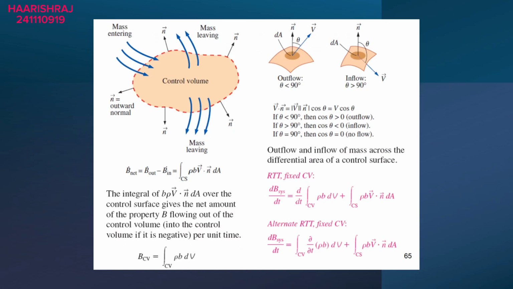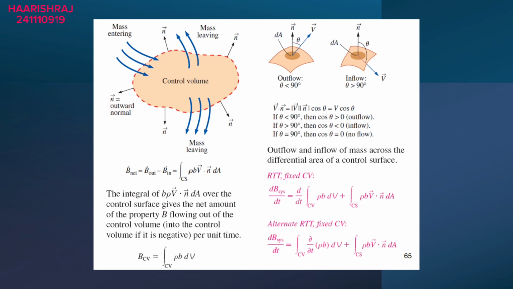The integral of rho b V dot n dA over the control surface gives the net amount of property B flowing out of the control volume, or into the control volume if it is negative, per unit time.